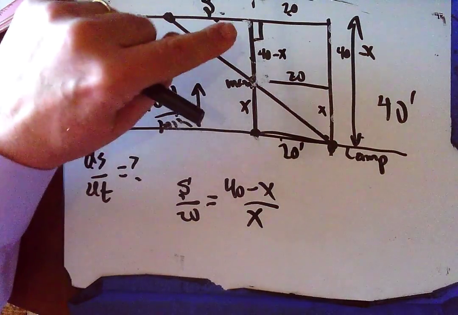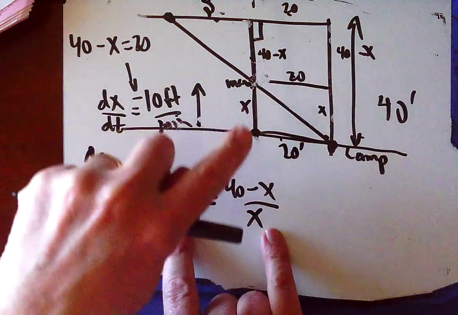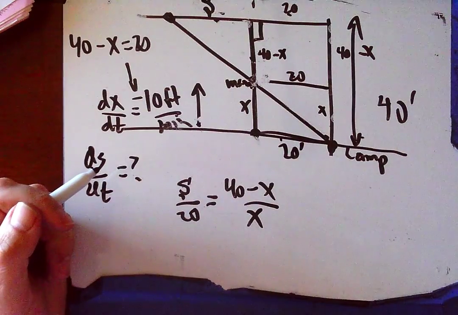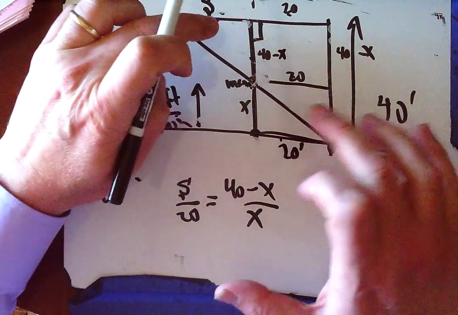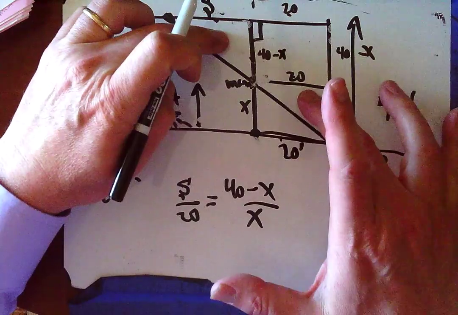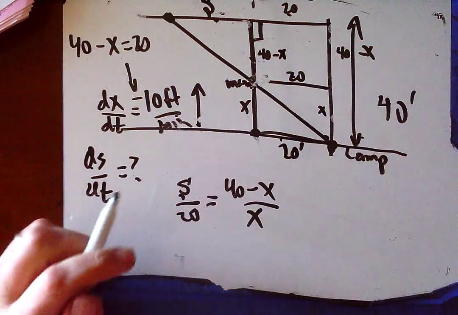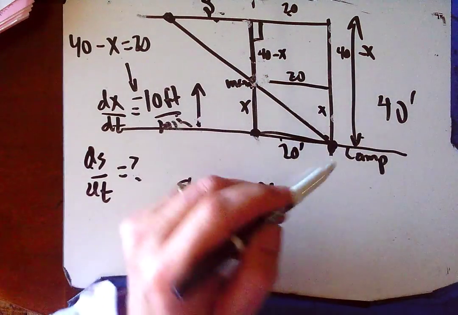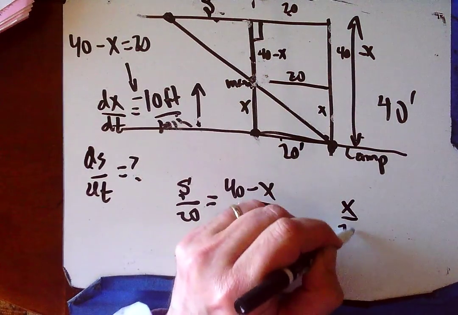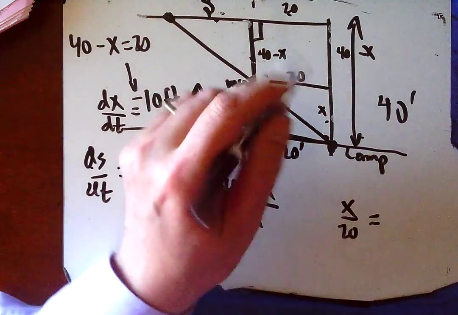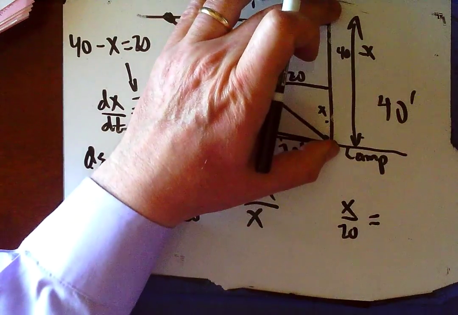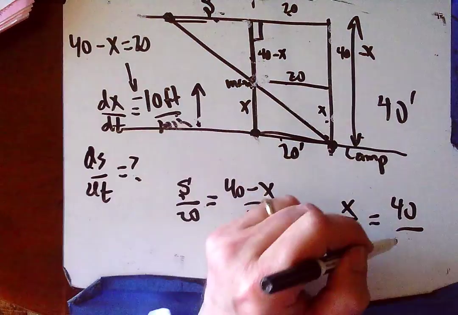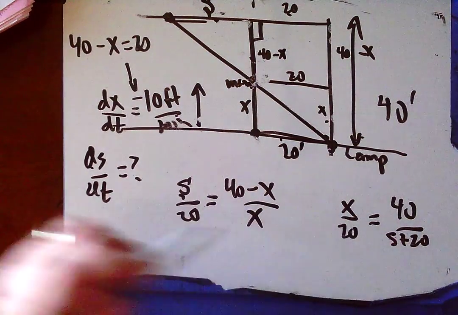And so I could do this triangle and this triangle. That's a 20 there. But some people don't see the two small triangles. Some people instead see little triangle, big triangle. So little triangle, how about x over 20 equals this is to that, as this whole thing, 40, is to this whole thing, s plus 20.